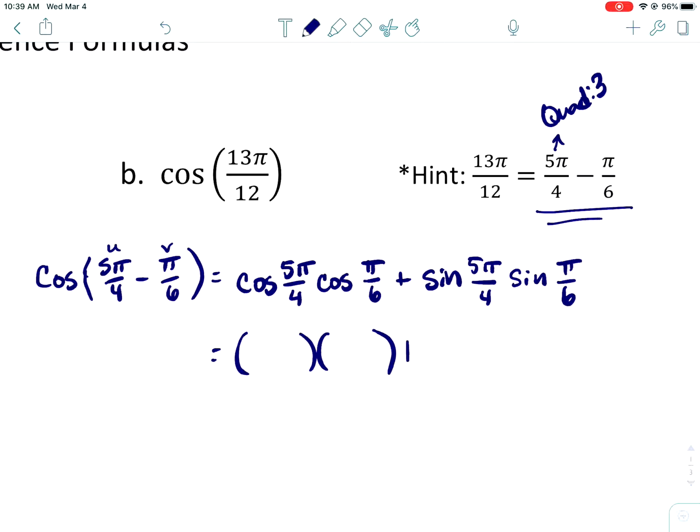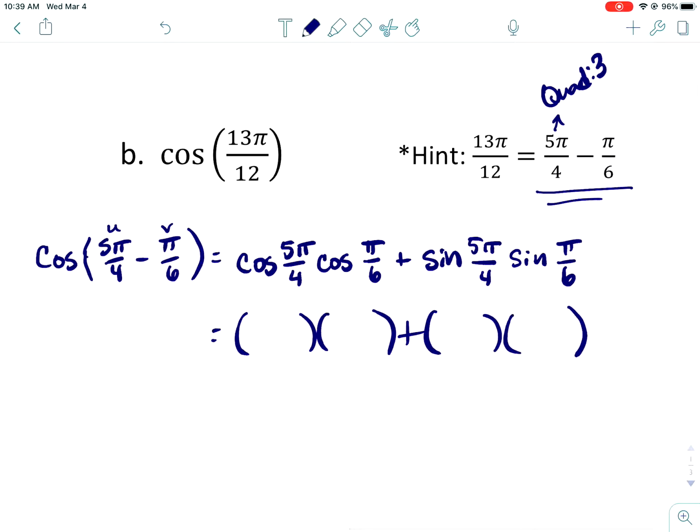Okay, so down here, when I go to find all these, is cosine positive or negative in quadrant 3? Negative. So I just put a negative in that parenthesis, and then I don't have to worry anymore with it. And then what about sine in quadrant 3? Also negative.